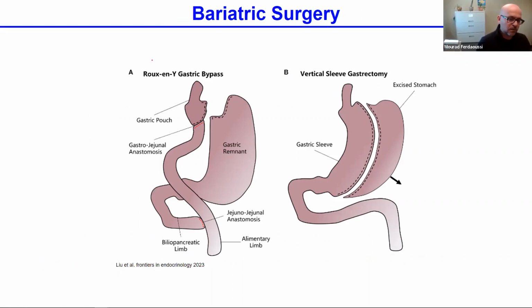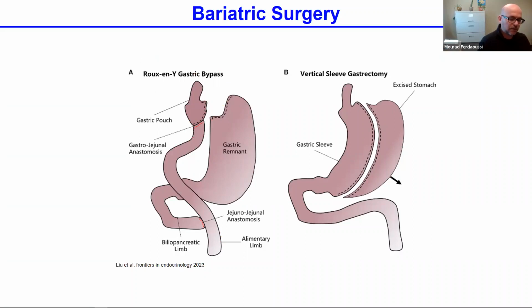There are two famous or more used surgeries. The first one is the Roux-en-Y gastric bypass. The idea is to remove most of the stomach and to take parts of the intestine and link it to the small part of the stomach.